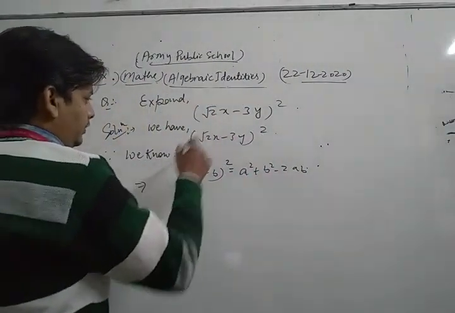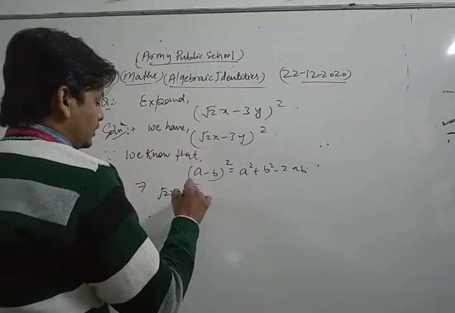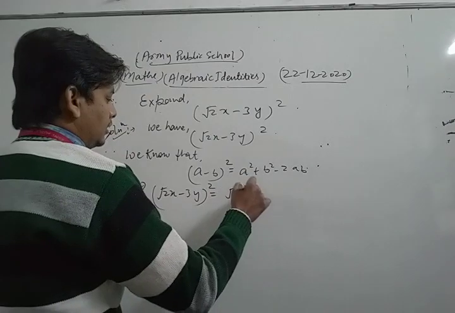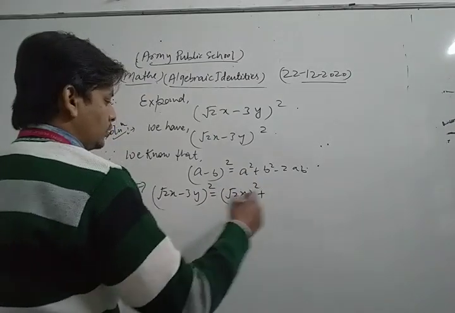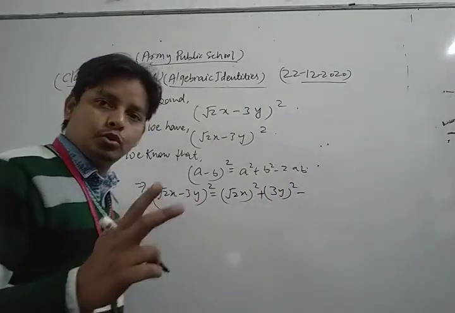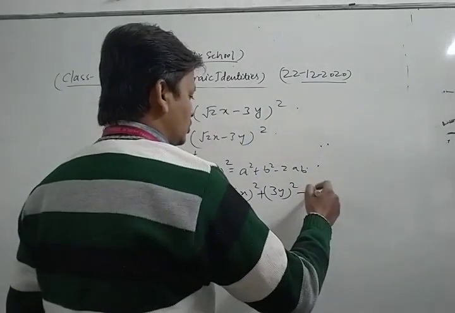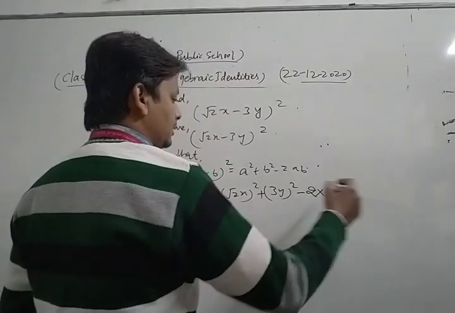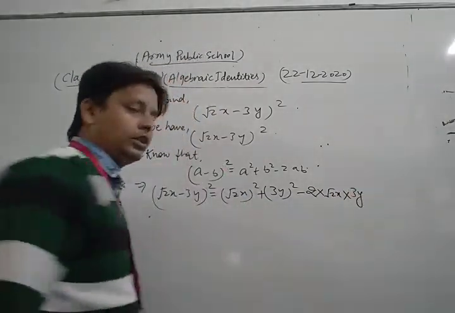So thus we can write (under root 2x minus 3y) whole square is equal to a square, meaning (under root 2x) square, plus b square, meaning (3y) square, minus 2ab. Minus 2ab means 2 into a, under root 2x, into b, 3y.